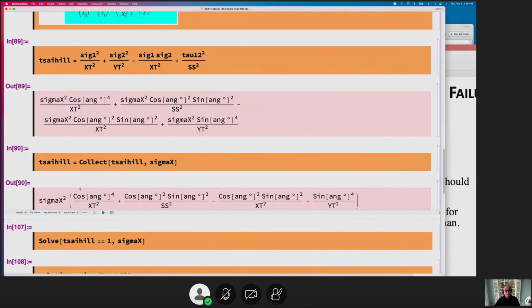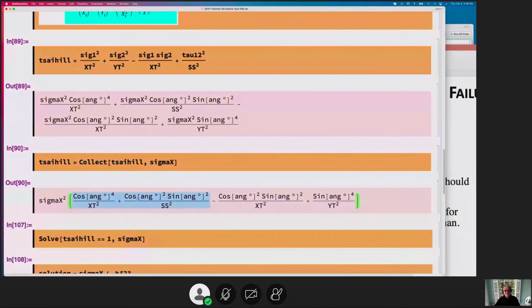It says sigma x squared times this quantity. This is completely in terms of the angular orientation of the fiber, its tensile and matrix direction strength, and shear strength, SS.